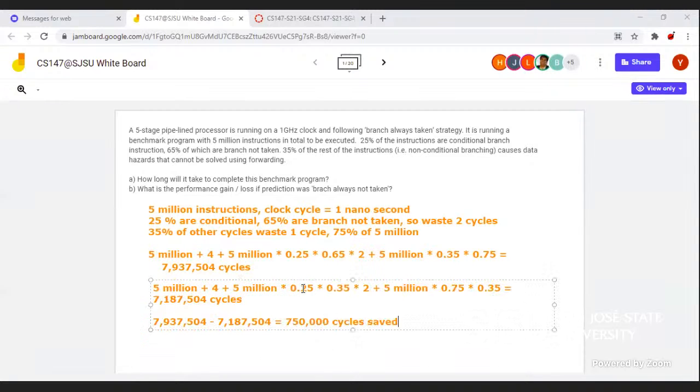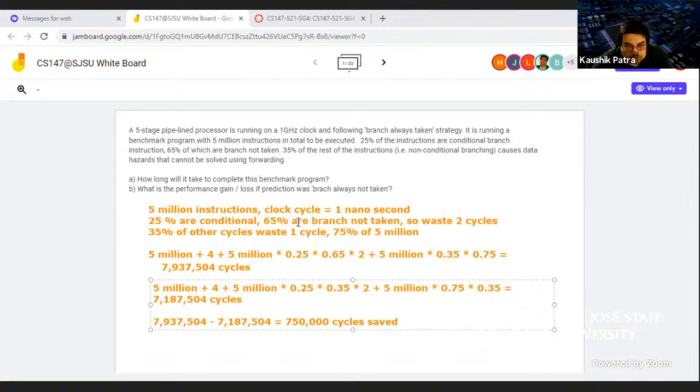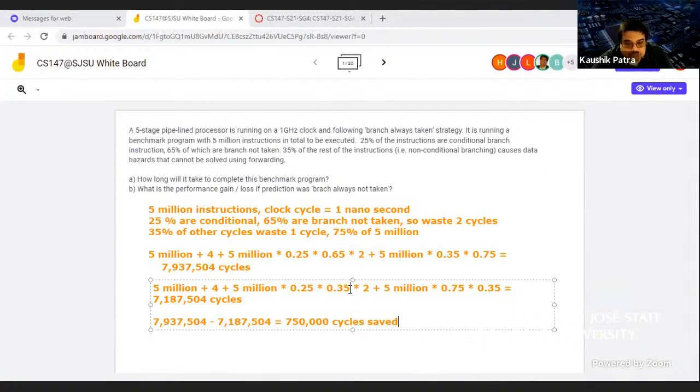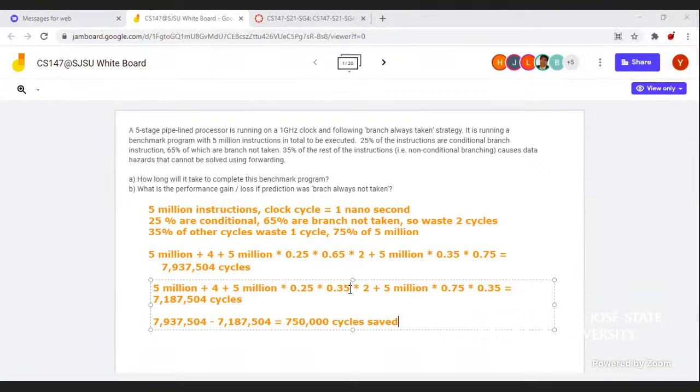This was our result. Instead of having 0.65, because now we've switched from following branch always taken to the branch not taken strategy, that switches this 0.65 to the remainder of the conditional branching instructions.